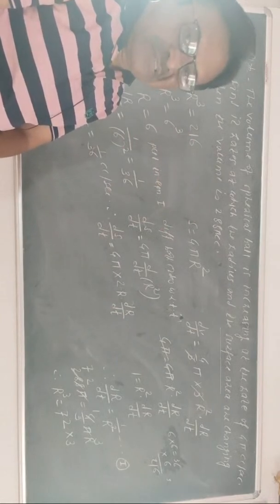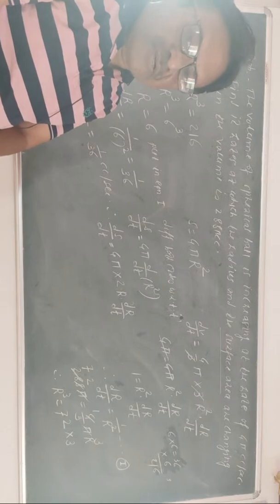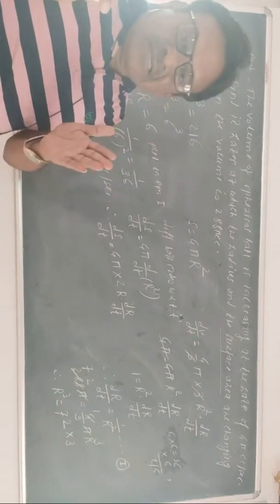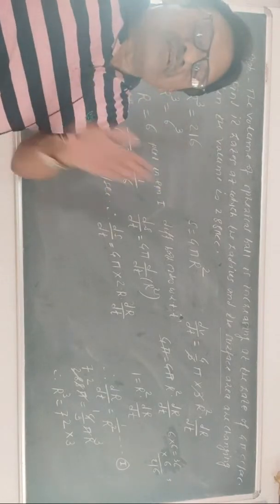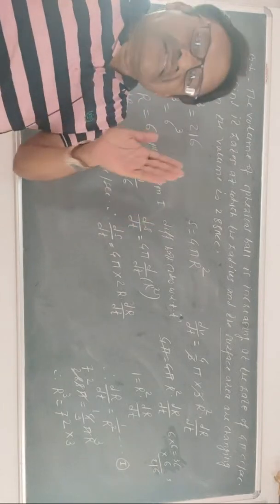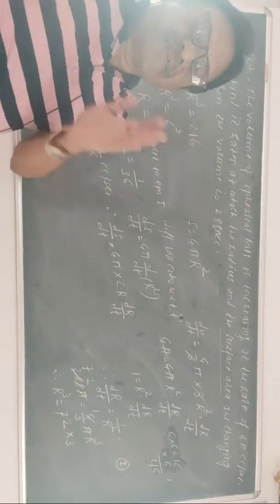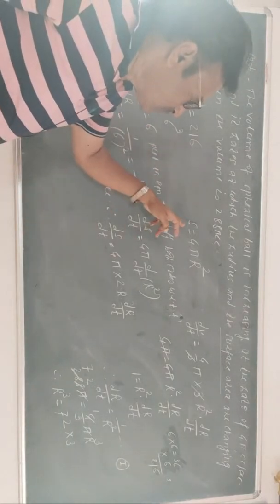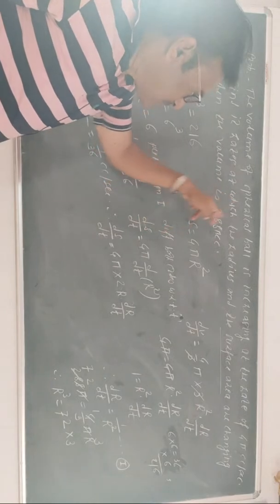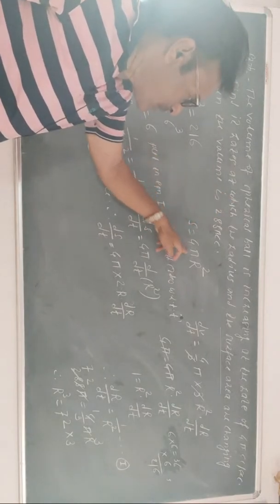Again, our aim is to find the rate of change of the surface area of the spherical ball with respect to time t. That is, we find ds by dt from the formula. The surface area of the spherical ball is 4 pi r squared.